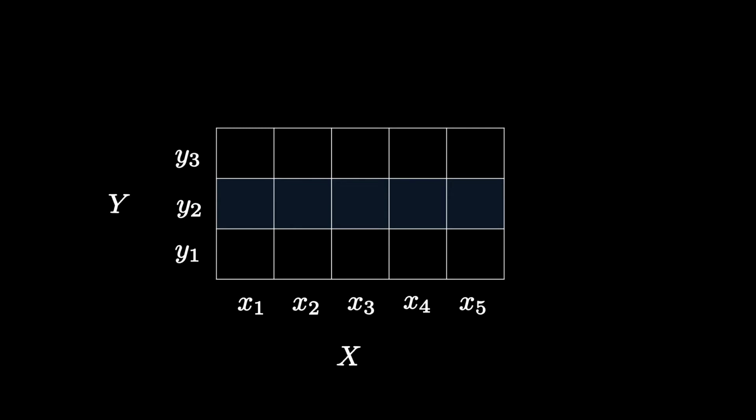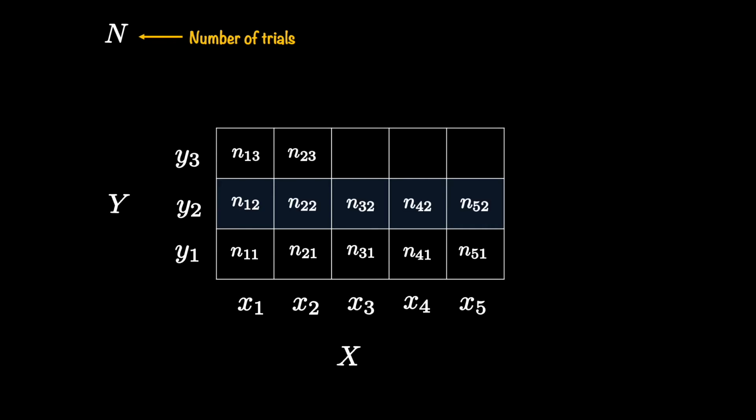Now, as part of our experiment, we record the various combinations of states that these two random variables can take. In order to do so, we create a table and perform our observations n times, or we say that we have n as the number of trials. We then record how many times a certain combination of states happened out of n times.